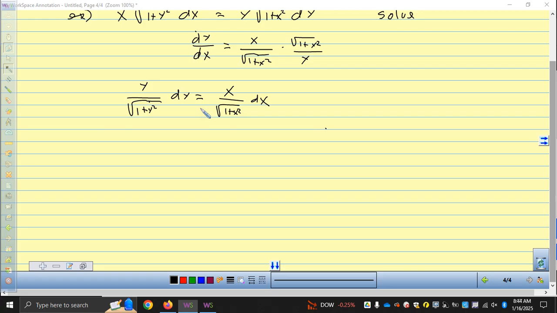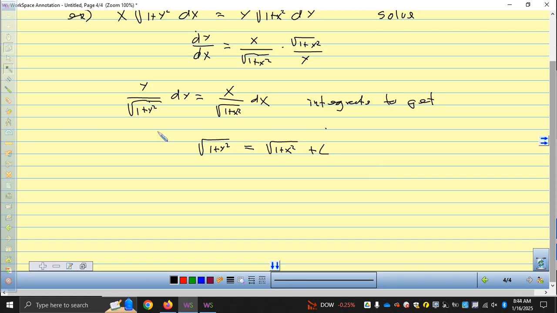So I'll write out that we integrate. So integrate to get square root 1 plus y squared equals the square root 1 plus x squared plus c. We just gather all the constants on one side of the equation.